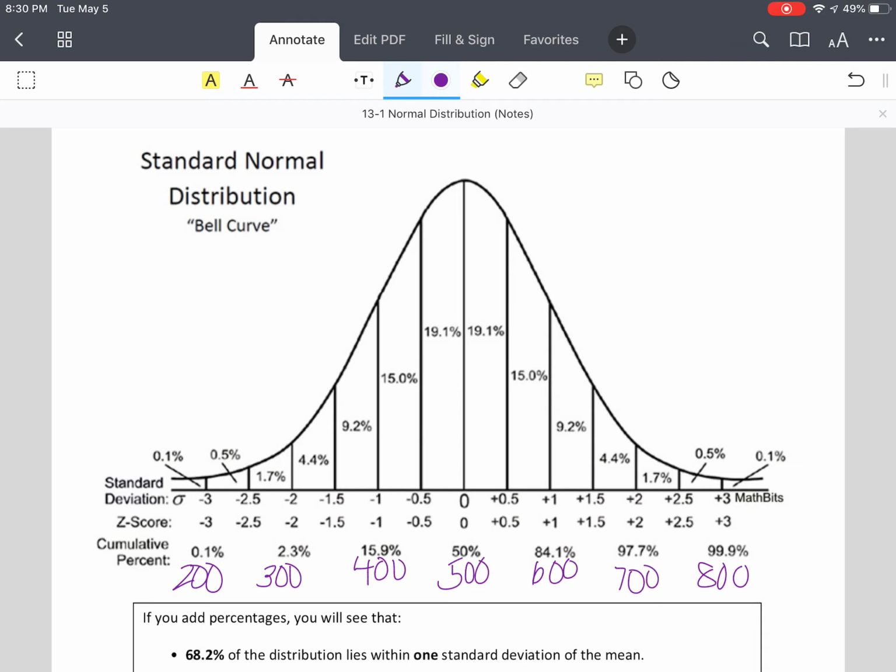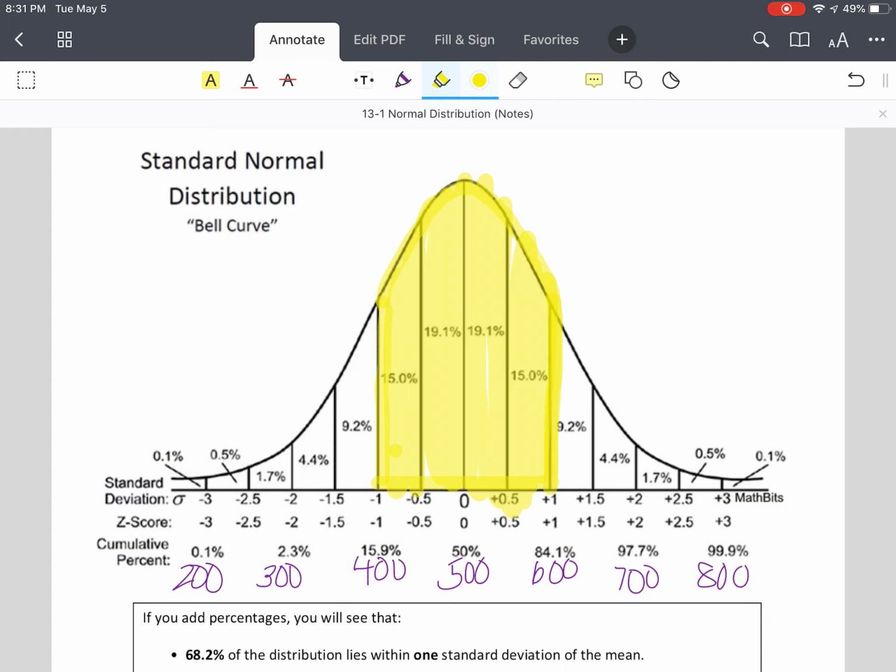Okay, so if you take a look at the chart, and if we look between -1 and 1, that's 1 standard deviation below, all the way to 1 standard deviation above. They give you percentages of the population that fall in there. So if we were to take from 1 standard deviation below to 1 standard deviation above, we would need to add up all those percentages.